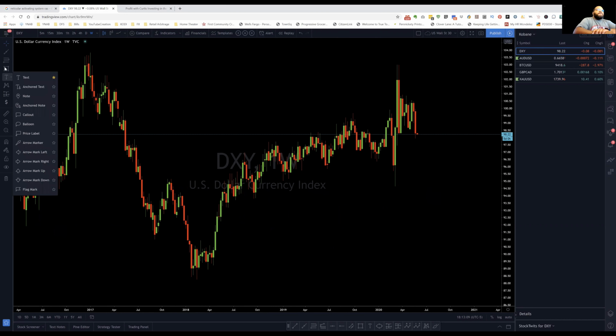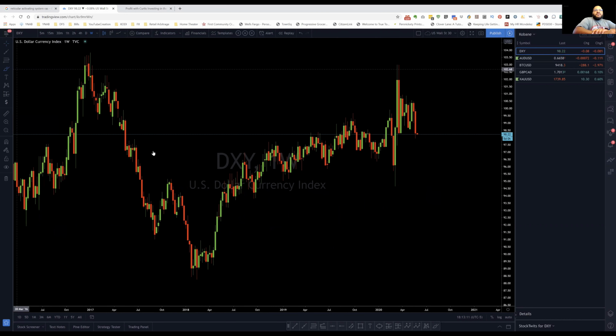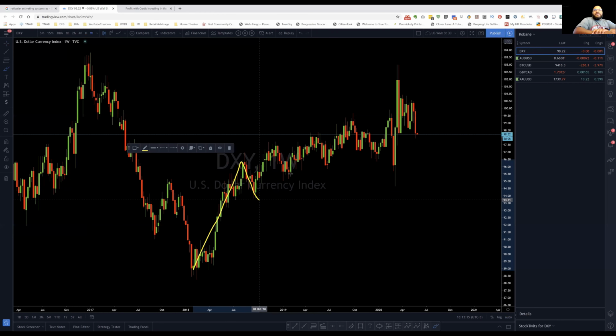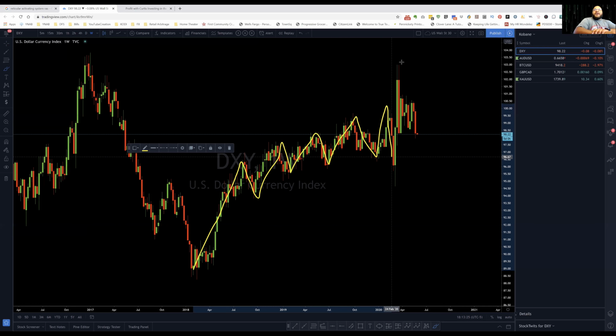If you look at it, you've got higher high, higher low, higher high, higher low, higher high. That's a lower low, but it made a higher high and a higher low right here. So that's clearly an uptrend.